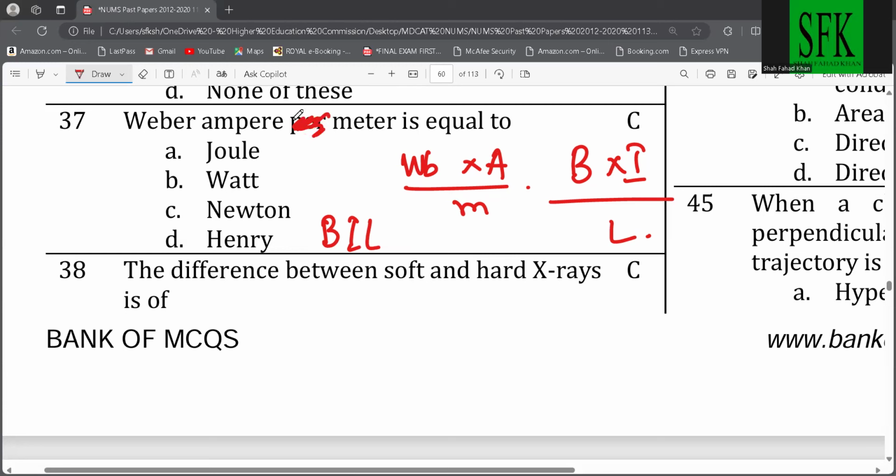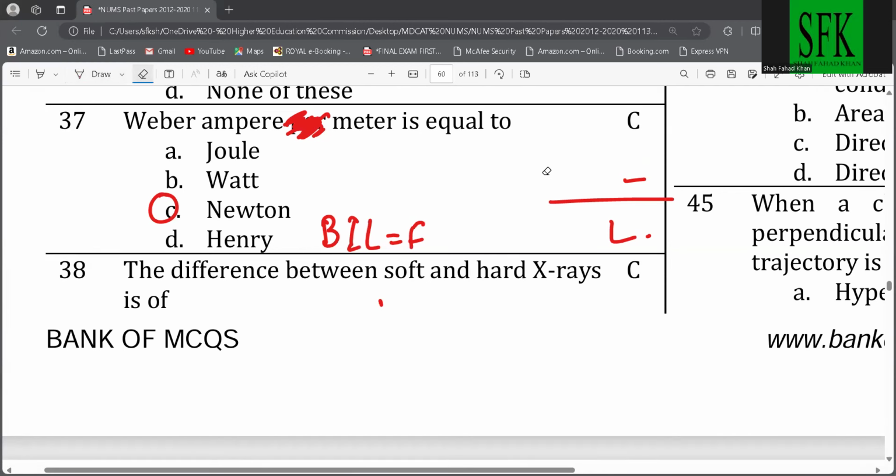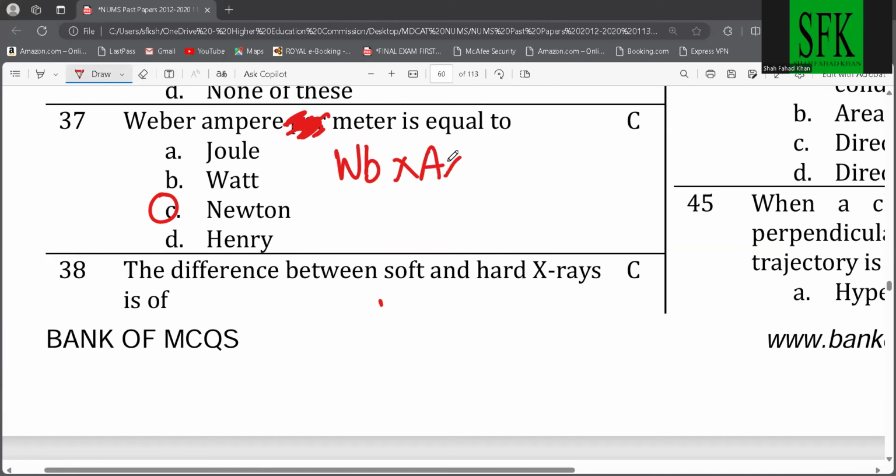It's Weber ampere meter. BIL, yeah, that's F. Only then will it be equal to F. What is Weber ampere meter equal to? Not this. Because they have given the answer in force, in Newtons, so Newton can only be this. So Weber into ampere into meters is equal to Newton, because F equals B I L.